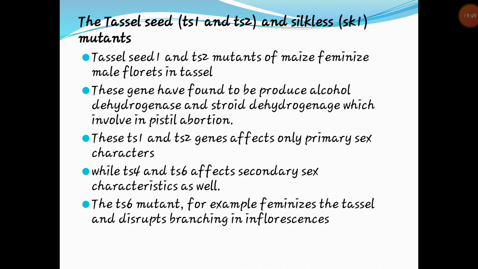The TS1 and TS2 genes affect only the primary sex character, while TS4 and TS6 affect secondary sex characteristics as well. The TS6 mutant, for example, feminizes the tassel and disrupts branching and inflorescence.